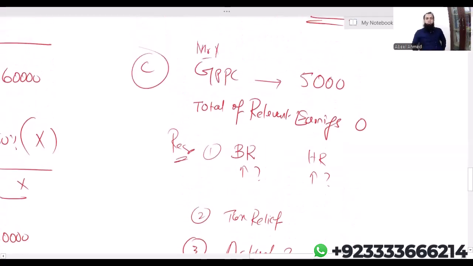Number one, the gross PPC is 5,000. Total relevant earnings are 0. Now listen carefully. We compare total relevant earnings with 3,600 and take whichever is higher. Mr. Y does not have any relevant earnings, so comparing 0 with 3,600, the higher is 3,600.